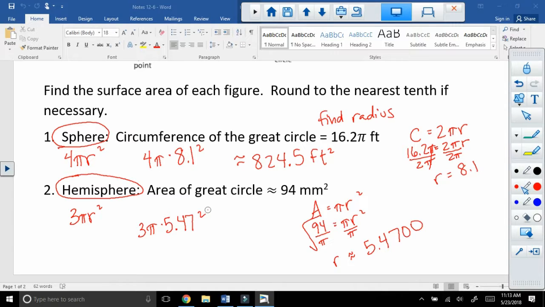I still have that on my calculator, so I just start with that, square it, and then multiply by 3 pi. The answer is 282 square millimeters.